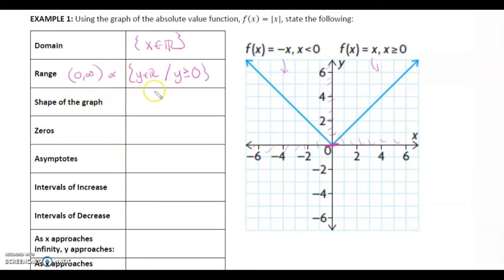Okay, the shape of the graph, we can say that there are two lines. We have one x-intercept at x equals 0, or you can write it as (0, 0) as an ordered pair. There's no asymptotes.